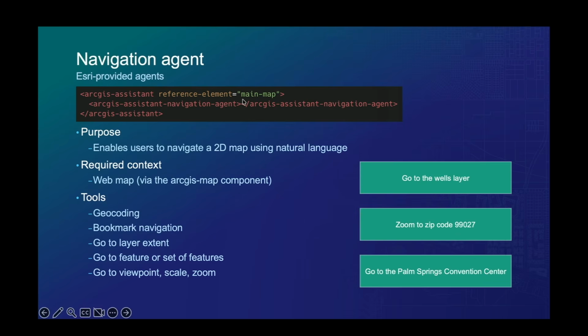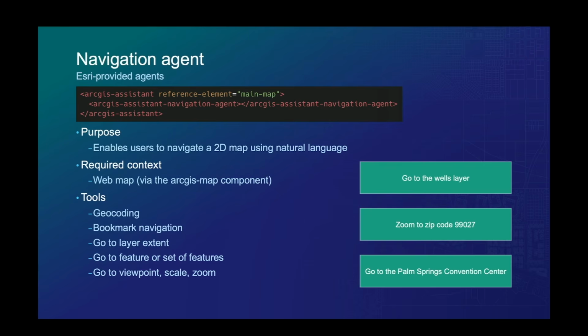This is true of all of the agents I'm going to show you. The purpose of this is just for navigation. You have to have the web map, but it's important to know what it's capable of today. Geocoding, going to web map bookmarks, layer extent, or a feature or set of features. Or if you just say zoom in or go to this scale, it will zoom into that scale. So we do have tools for that.